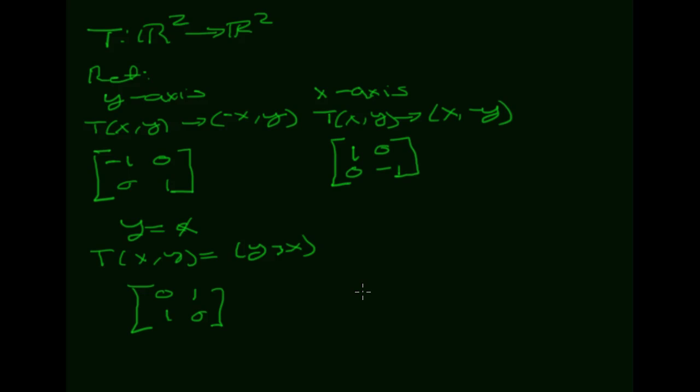Let's talk about dilations or contractions. If I want to make an expansion or a contraction in the horizontal direction, you pick a positive number k, and T of (x, y) is going to produce (kx, y).